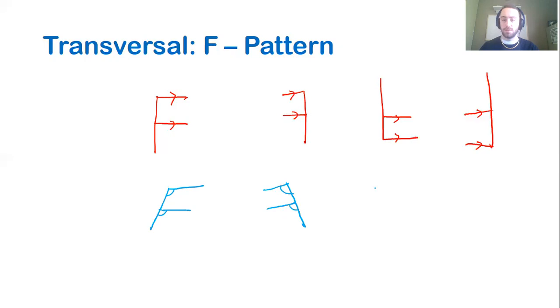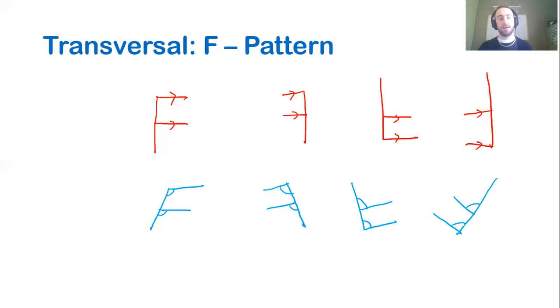Let's go ahead and do them backwards and upside down. Do you see the two equal angles here? Again, it's the corner angles. This one here is equal to this angle down here. And last but not least, we could have an F pattern that looks like this. Again, it's still the corner angles. This angle here is equal to this angle here.